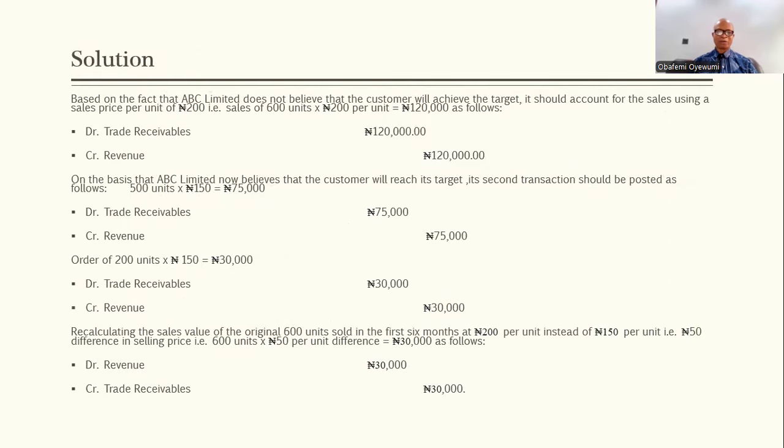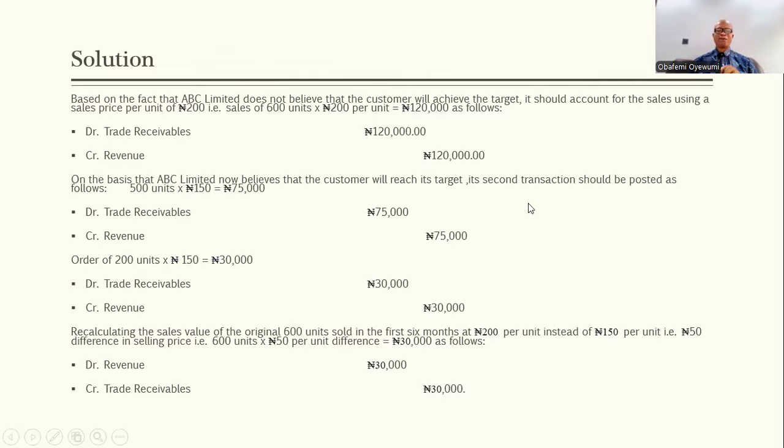Based on the fact that ABC Limited does not believe the customer will achieve the target, it should account for the sales at the beginning: 600 times 200. ABC thought that it would collect 120,000 naira from this entity. So the journal entries will be to debit receivables 120,000 and credit revenue 120,000.